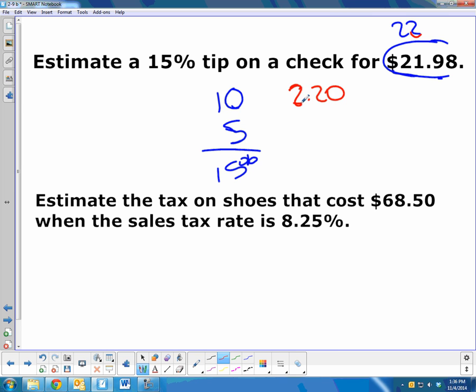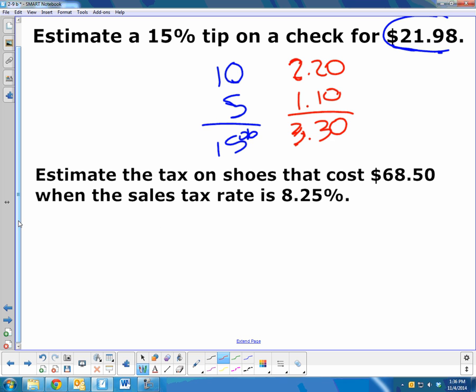And 5% would be half of that, so $1.10. If I add those together, I'm going to get $3.30. And that's my estimate of that particular tip. Now, of course, if you actually went through the process and got an exact number, you would have gotten $3.30. And so the estimate does match up perfectly with your exact answer.